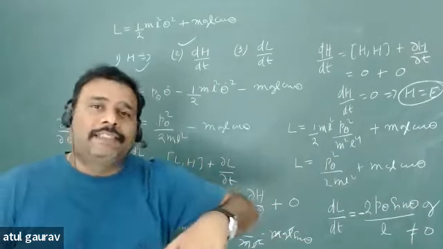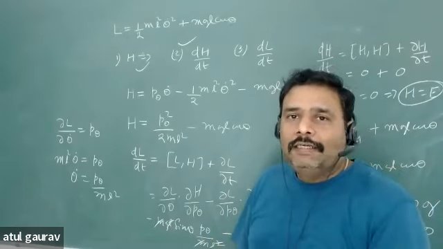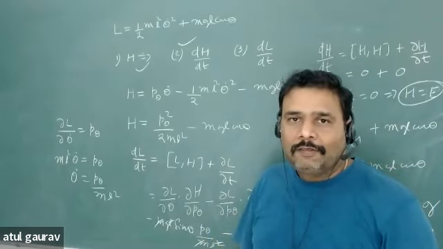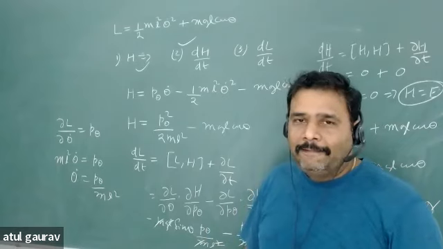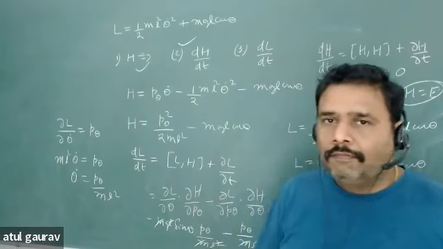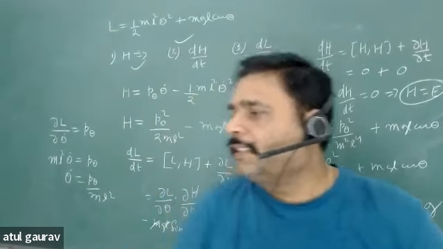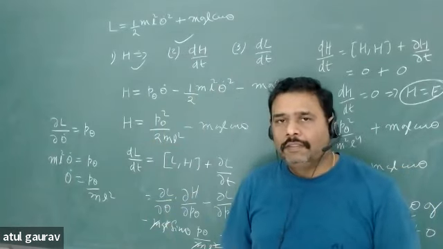But for the same system, the Lagrangian, which is T minus V, is not a constant of motion, isn't it? And both are not explicit functions of time. This is also very interesting, right? This is very interesting.